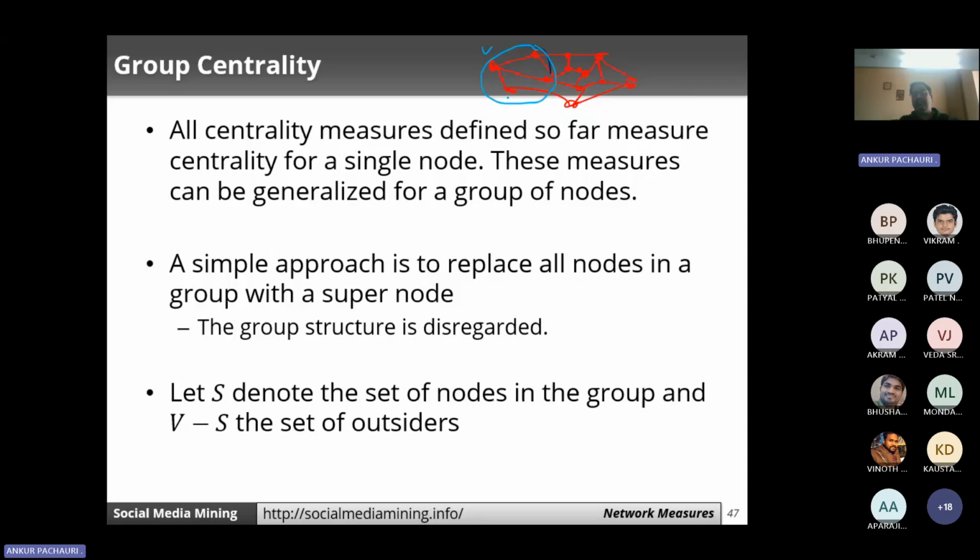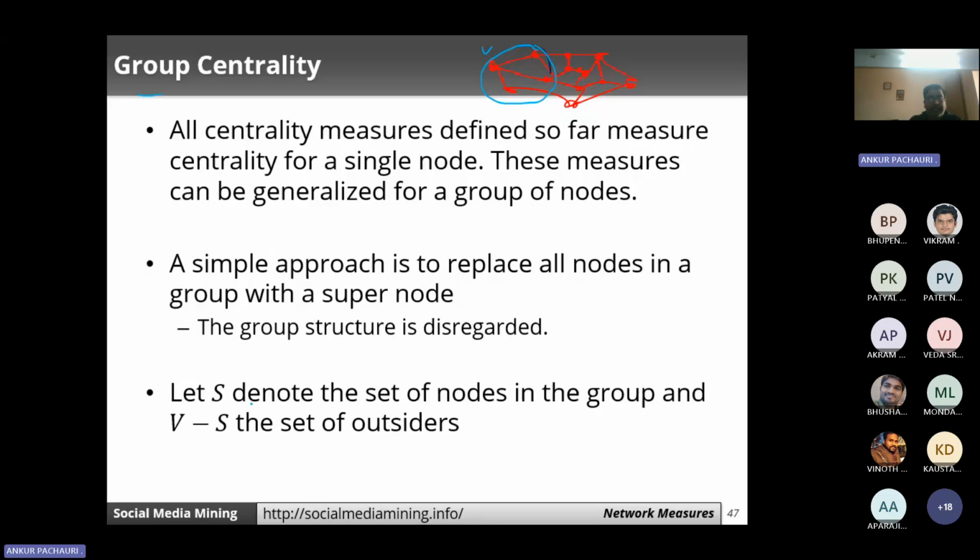So the internal connectivity of these nodes can be ignored, and I consider this as a super node. Then I can compute all the centrality measures: edge centrality, node centrality, edge betweenness, closeness centrality, and many other things. So this can be a group activity as well.